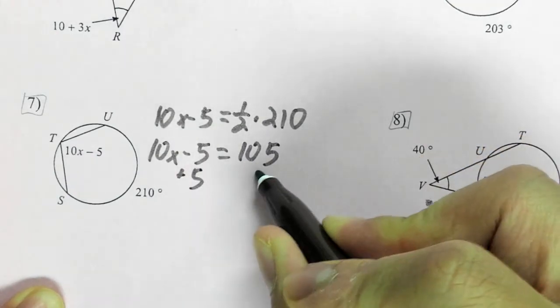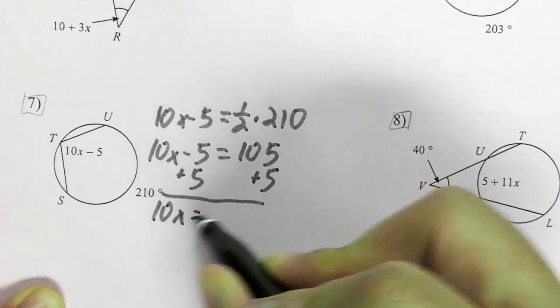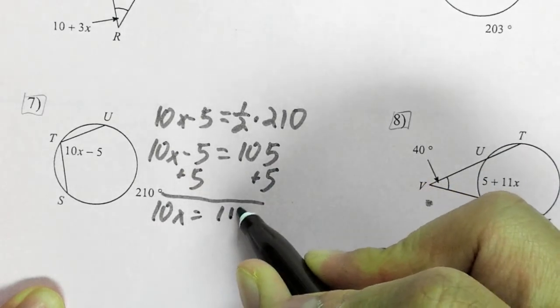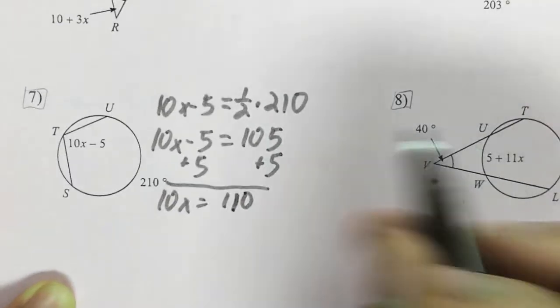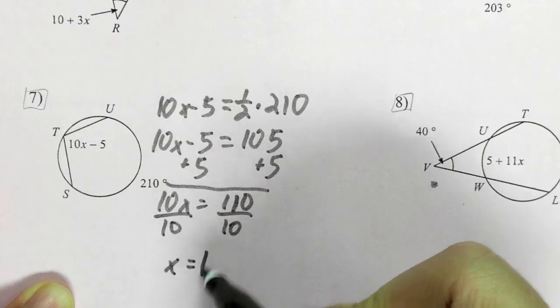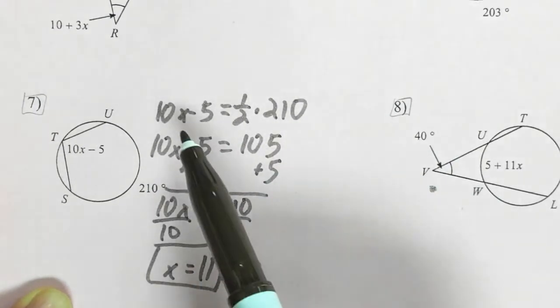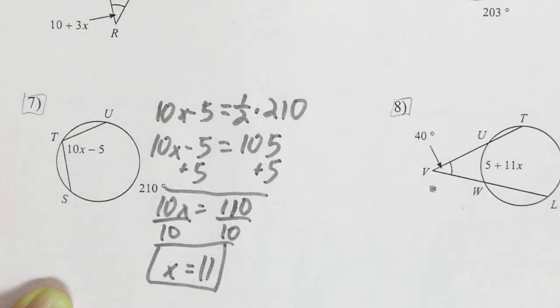Add 5 to both sides. And finally divide by 10. Get x equals 11. So your inscribed angle equals 1/2 your arc. That's something we will be seeing here.